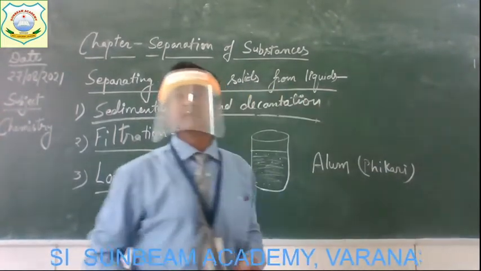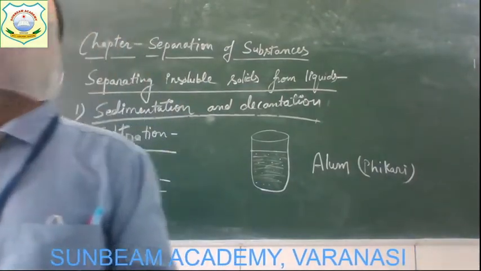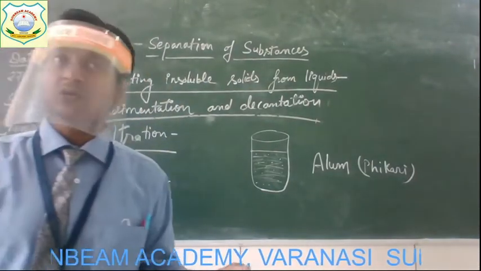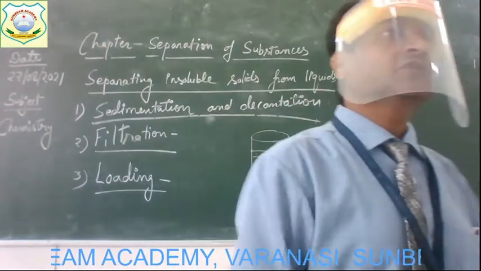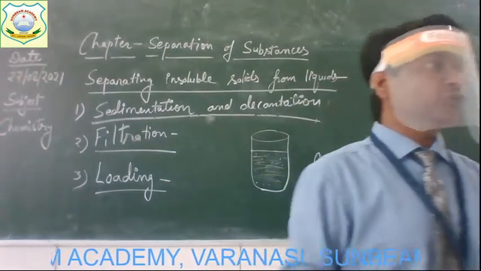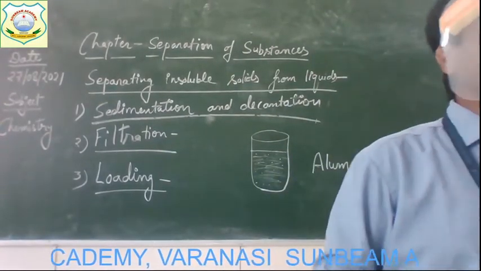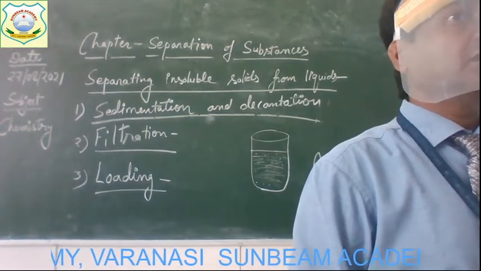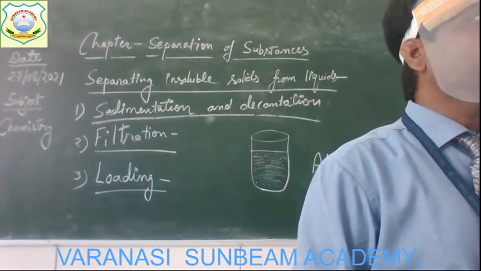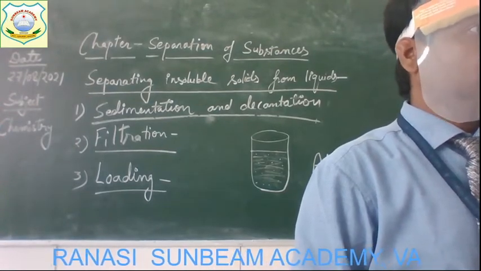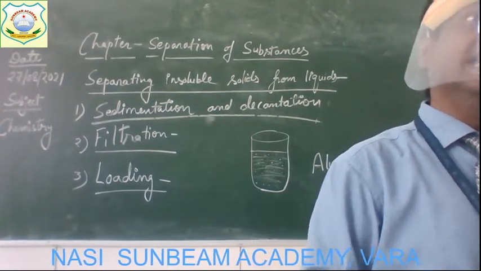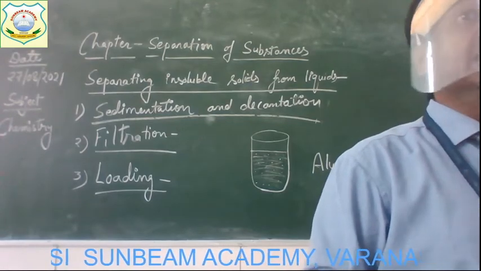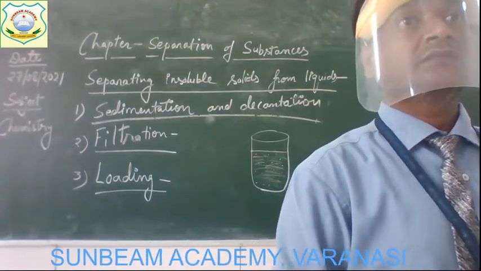Fitkari. Okay, it's generally used in the kitchen. If you don't know, you can ask your mother or father, they can show you. It looks like a solid crystal of salt, and that is alum or fitkari.